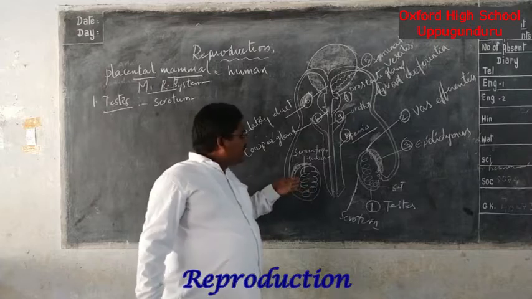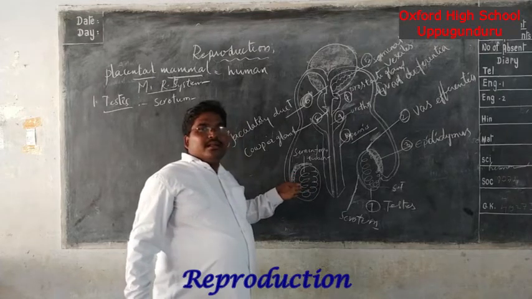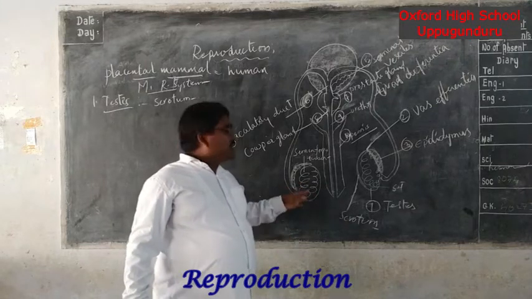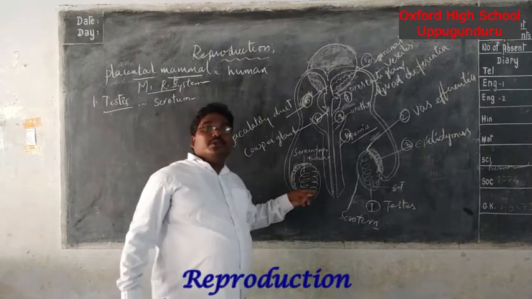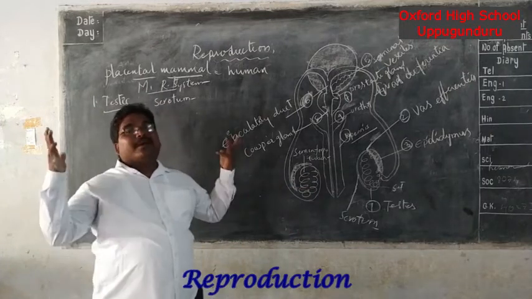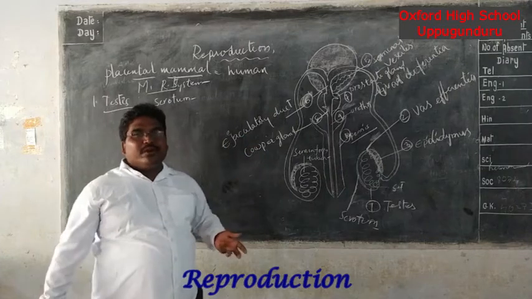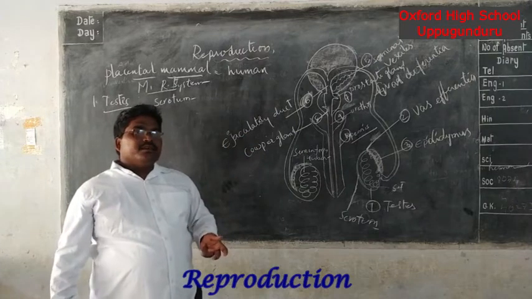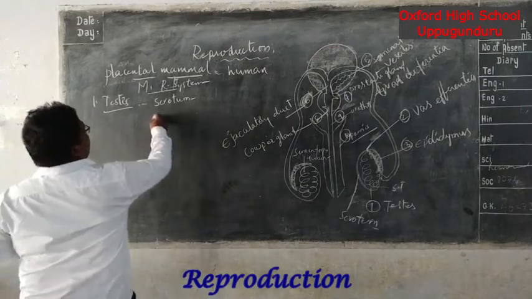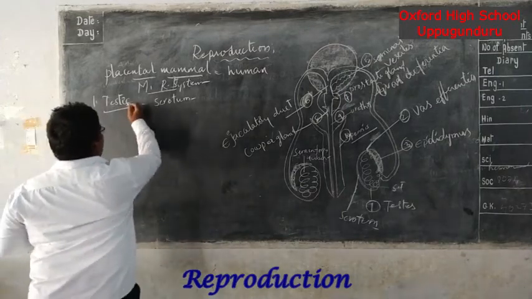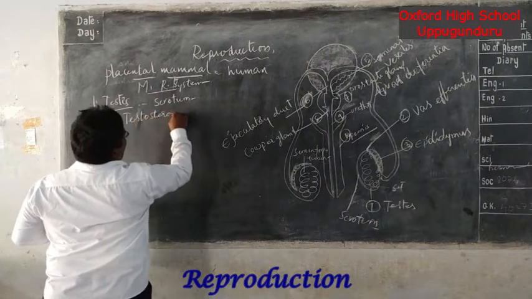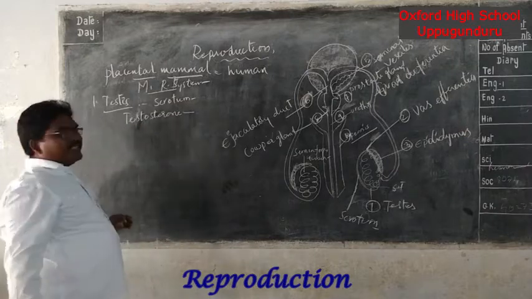Highly coiled seminiferous tubules are present, which produce the sperms in the hundreds of millions. Do you understand? The male sex hormone testosterone is also produced by these testes.